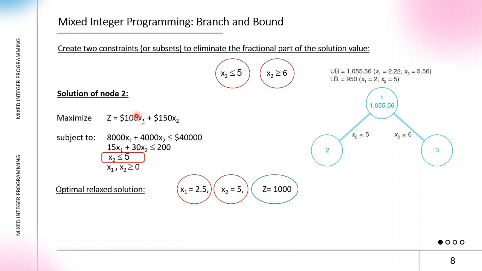Solving the relaxed LP form again gives an optimal solution, and in this solution x1 is 2.5 and x2 is 5 with a profit of 1000. This value is an improvement over our previous lower bound of 950, but it's still not fully integer, so we will keep exploring.